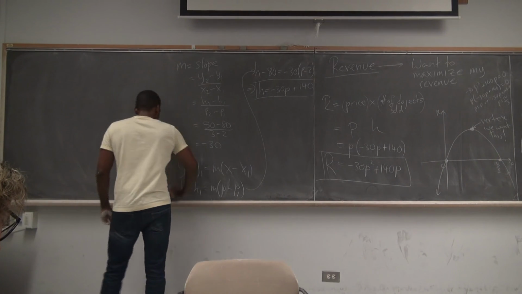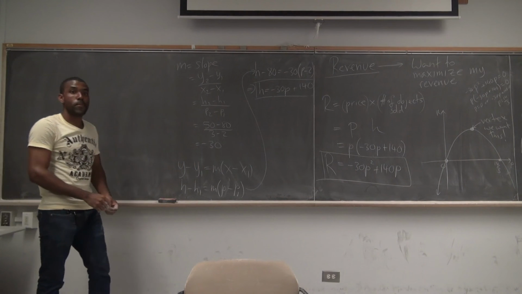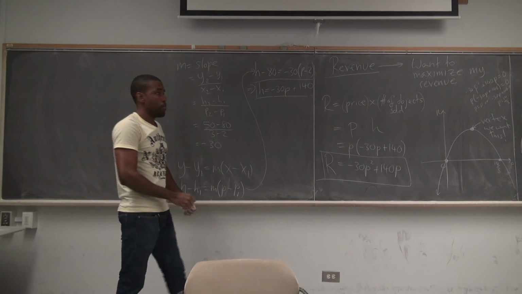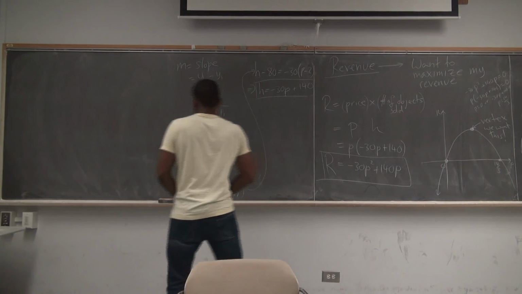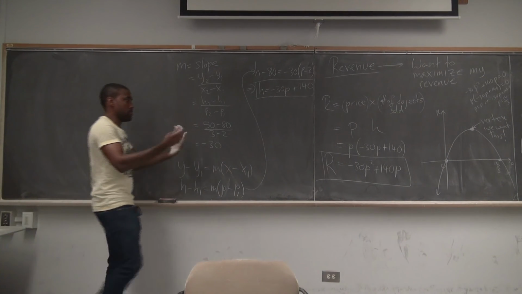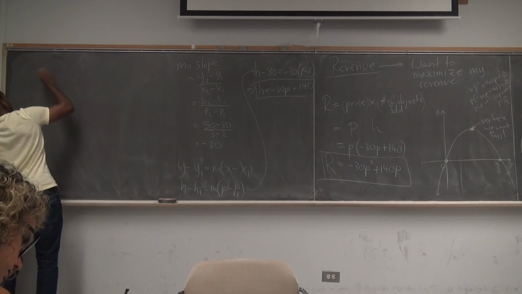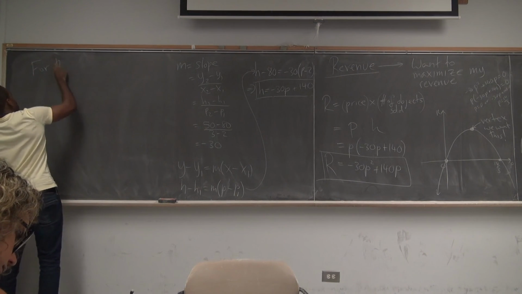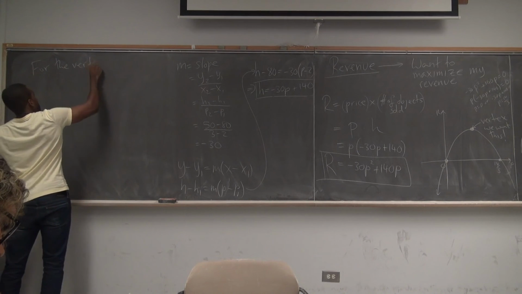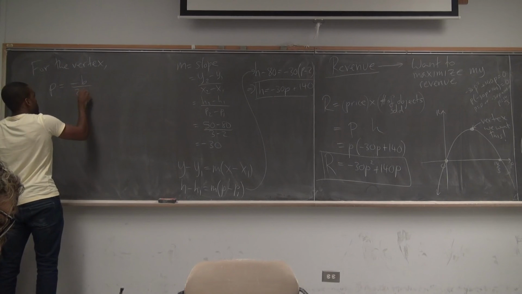So now for a quadratic, how do I find the vertex? Minus b over 2a. There's a formula for that. Again, the algorithm to find a vertex is minus b over 2a. So I know p for the vertex. P must be equal to minus b over 2a.